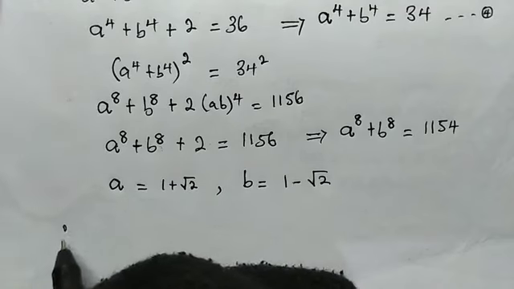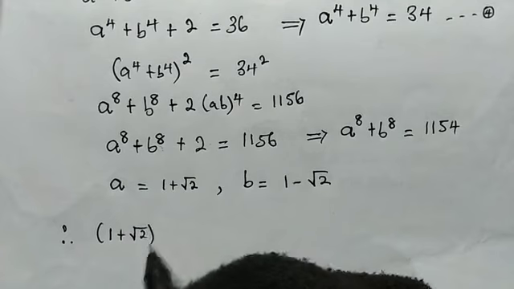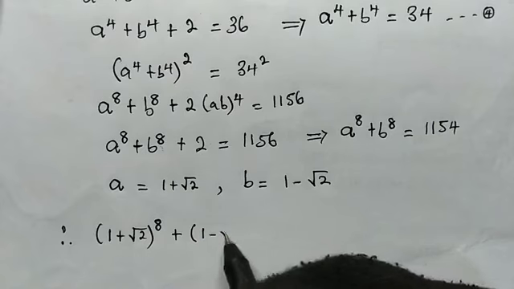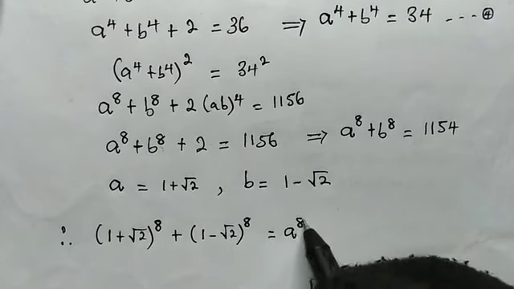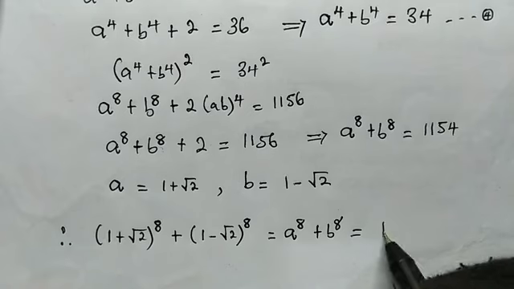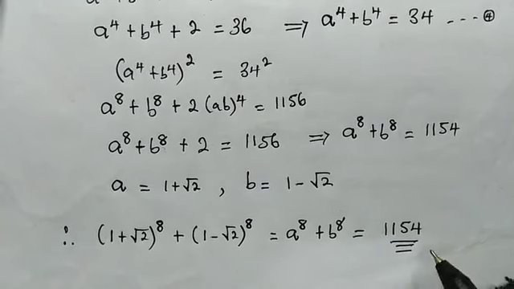Therefore (1 + √2)^8 + (1 − √2)^8 is equal to A^8 + B^8, which is equal to 1154, which is the correct answer.